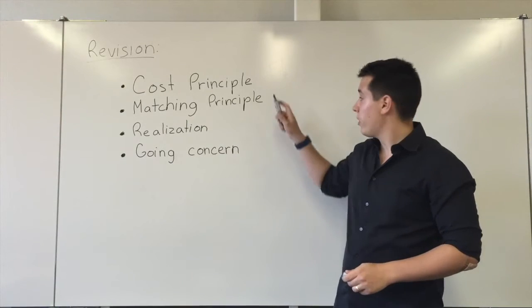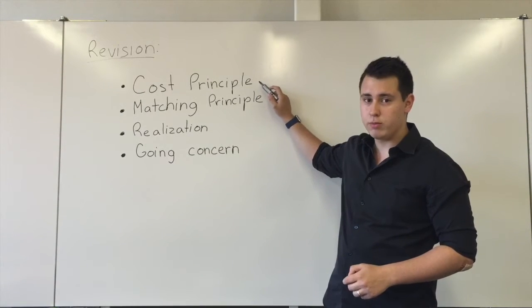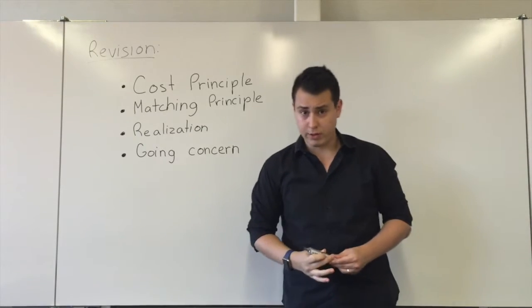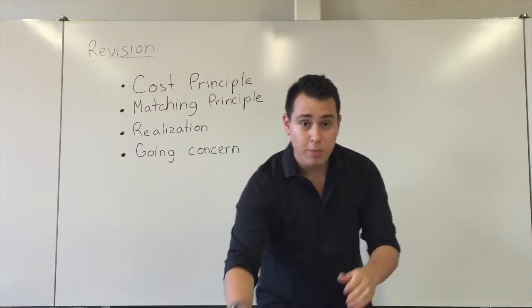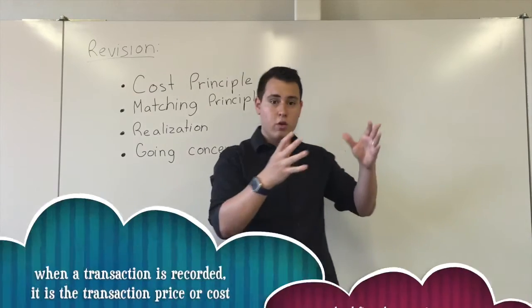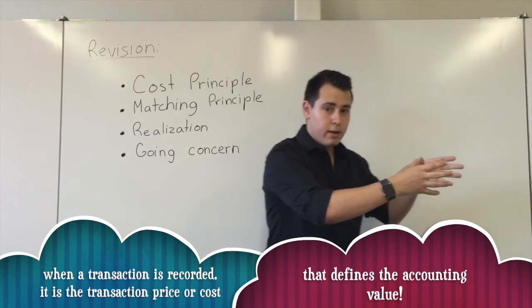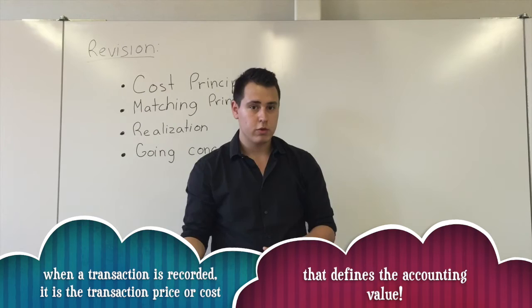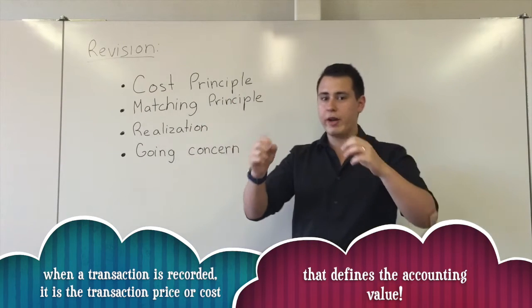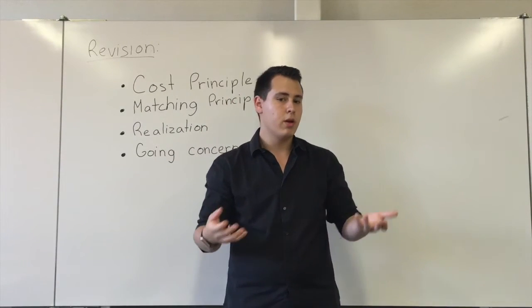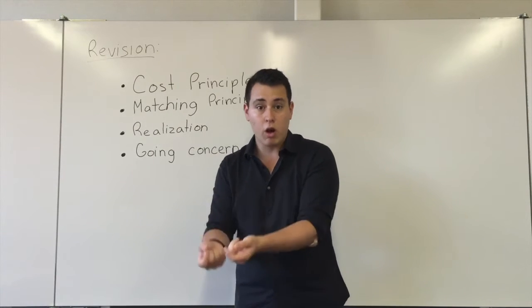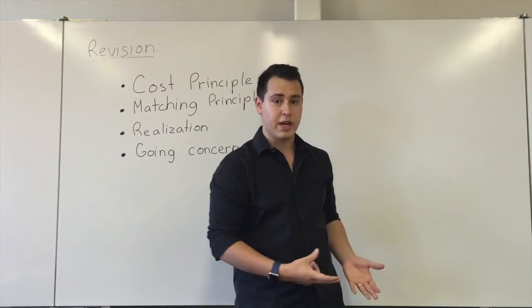First of all, I wanted to mention with you guys the cost principle. What is the cost principle? The cost principle means that when you buy something or you sell something, you're doing any kind of financial transaction, you are recording the cost or price of the transaction.